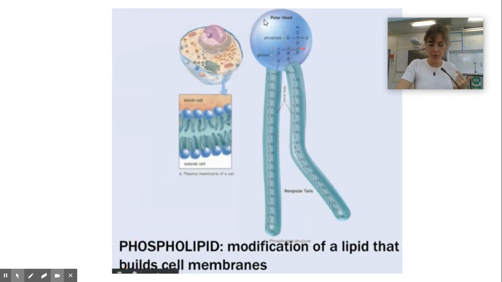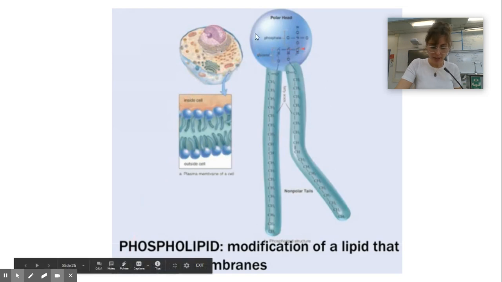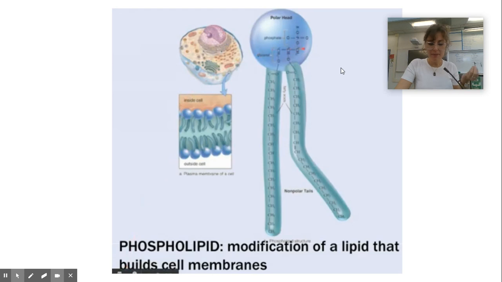They're hydrophilic. But these long fatty acid chains are hydrophobic. So what we would call this type of phospholipid is amphipathic, which means that it has two different properties on either end. It has a hydrophilic side and a hydrophobic side.